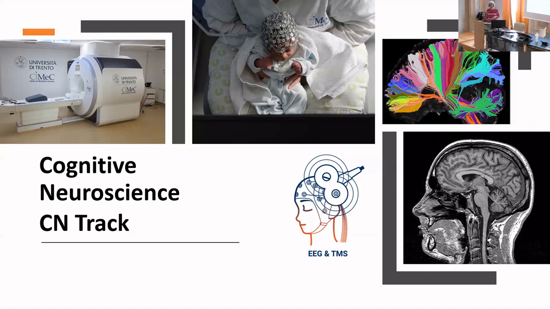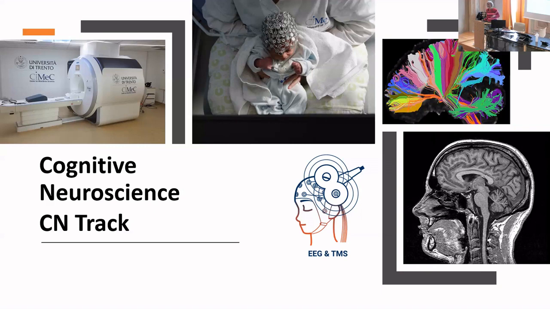We are also very much interested in the networks that support these cognitive functions. No area works on its own to support a function, but all areas in the brain create networks that support complex functions.